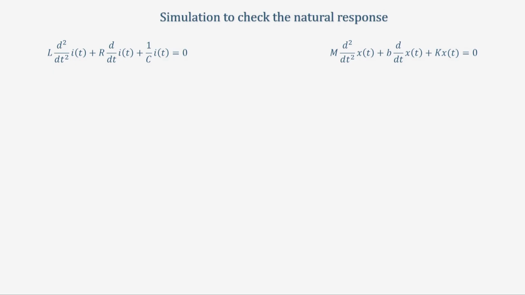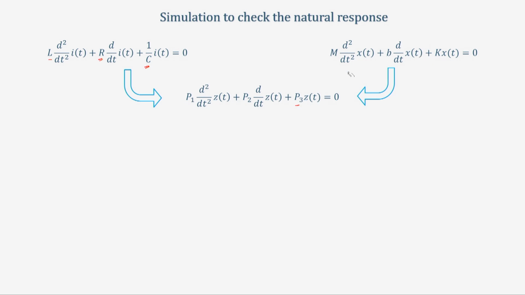So, instead of writing it separately, I can write a simple differential equation of this form, where for the RLC circuit P1 is nothing but inductor, P2 is nothing but resistor value, P3 is nothing but 1 by C, and Z is I, whereas for the mass spring damper P1 is M, P2 is B, P3 is K and Z is X, the displacement.